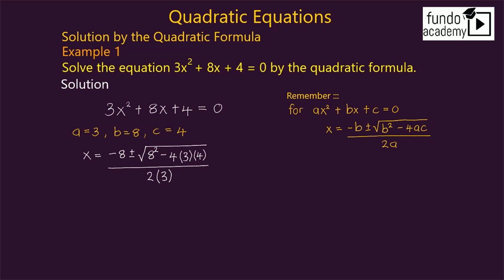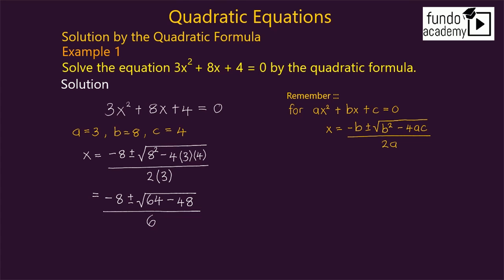What's left for us now is just to simplify. Alright, let's do that. We now have minus 8 plus or minus the square root of 8 squared. 8 squared is 64, minus 4 times 3 times 4. 4 times 3 times 4 gives us 48, so it's minus 48, divided by 2 times 3, which is 6, so it's over 6.